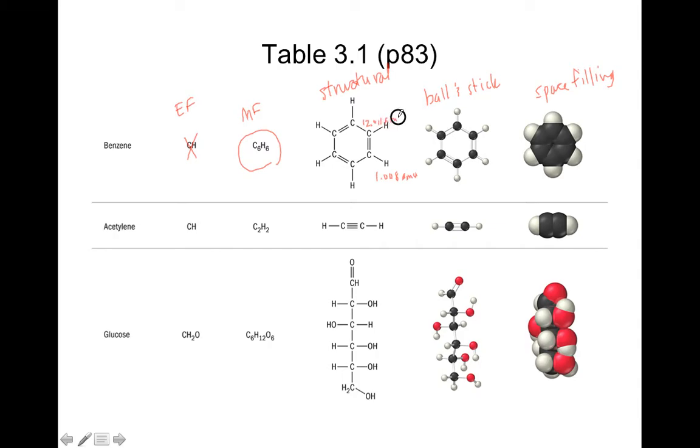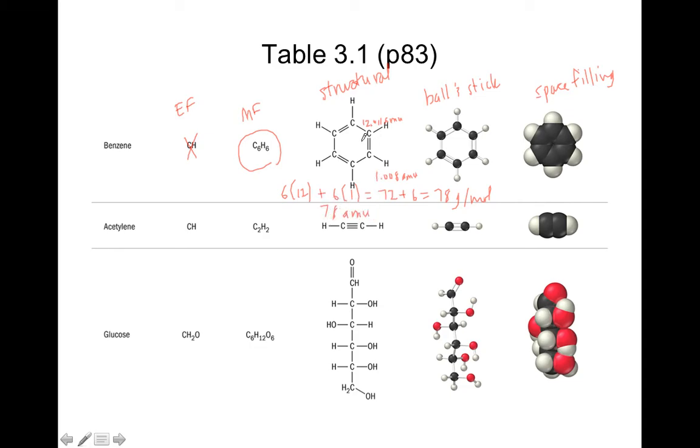So in order to calculate this, we've got 6 of these, so it's going to be about 6 times 12, really 12.011, plus, how many hydrogens do we have? 6, right? So it's 6 times 1, which is going to be 72 plus 6, which is going to be 78. I did that by force of habit. This one molecule is going to be only 78 AMU, right?